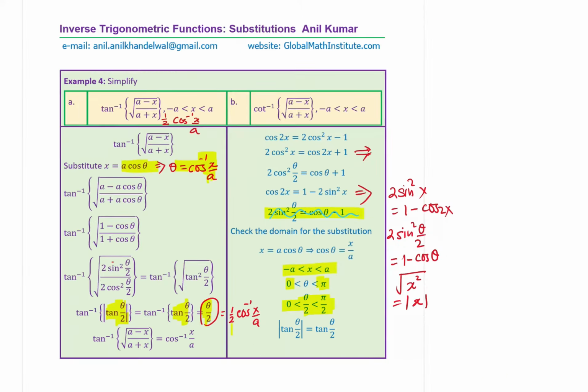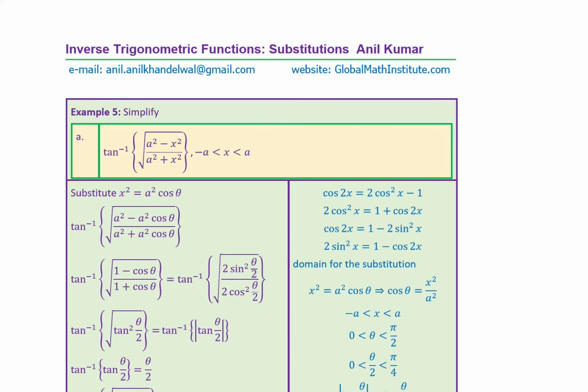Okay. Let's take example 5, which is very similar to the previous one. Now in this case, let us see how we solve this question. We have a square minus x square over a square plus x square within the square root as our argument. The question is tan inverse of the square root of a square minus x square divided by a square plus x square, where x is between minus a and plus a.